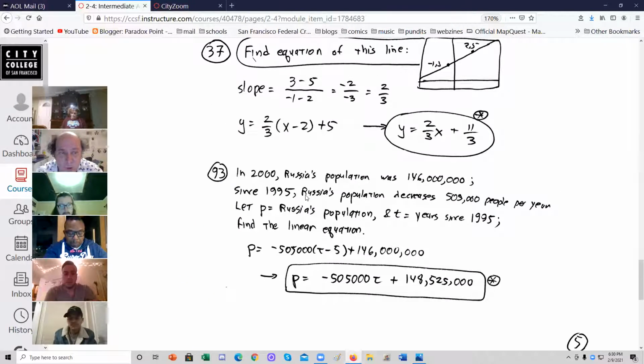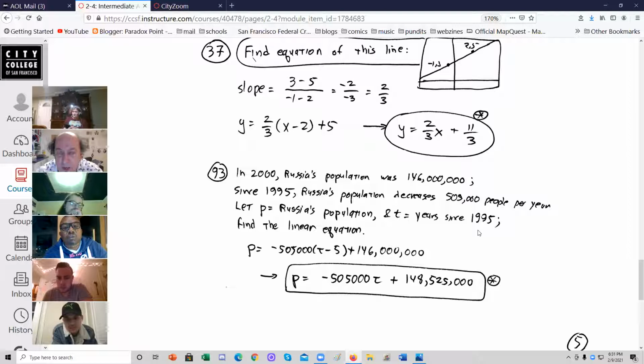Okay, here's sort of a word problem. In 2000, Russia's population was 146 million. Since 1995, Russia's population has decreased 505,000 people per year. Let P be Russia's population t years since 1995. Find the linear equation. Well, okay, the slope is negative 505,000. That's what we put over here. Now, the year 2000 was 5 years after 1995, so here we have t equals 5.